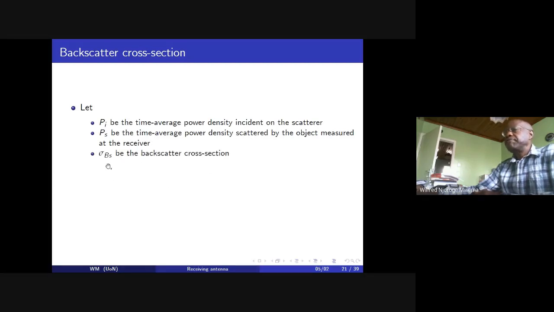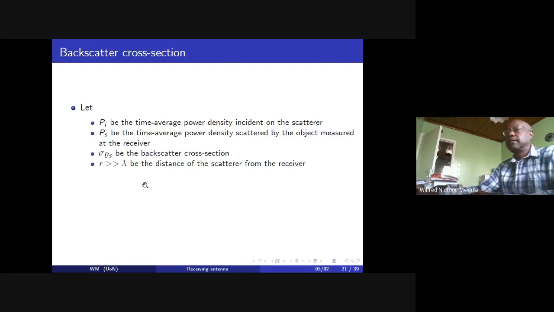So sigma BS will be the backscatter cross-section, that is the effective aperture of the object that is doing the scattering. Remember, when it's scattered and we receive it at our position, we are using the scatterer as an antenna. It's transmitting that energy back to us.